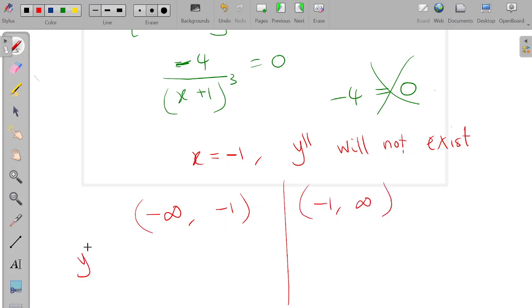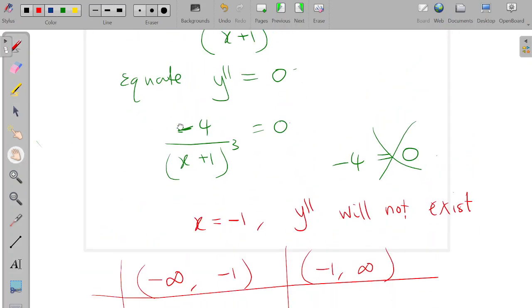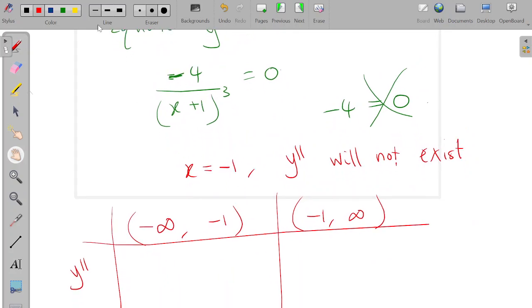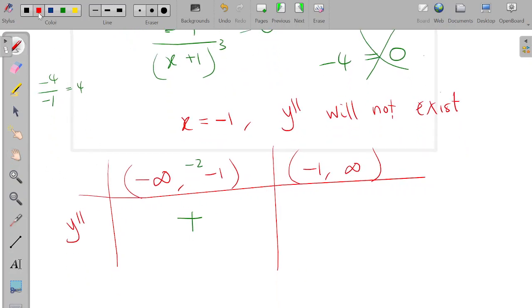Here we are testing the second derivative to know where it is concave up or concave down. If I pick negative 2 and put it here, I get negative 4 over (negative 1) cubed, that is negative 4 over negative 1, which is 4. So the second derivative is positive here, and since it is positive, that is concave up. Let's test the other interval.